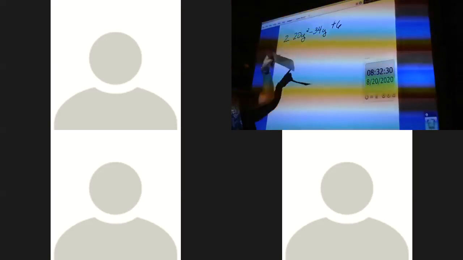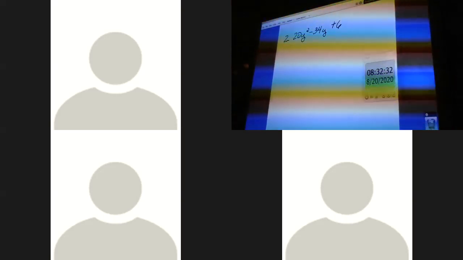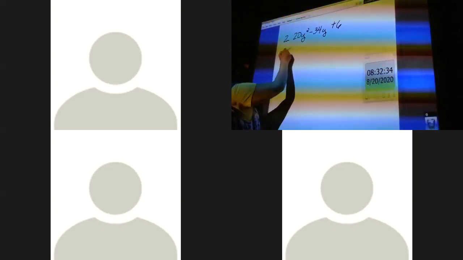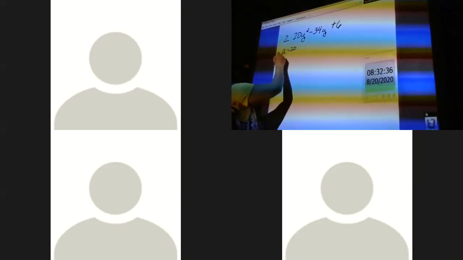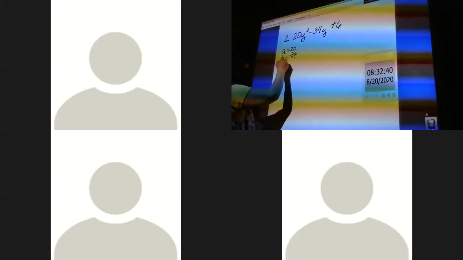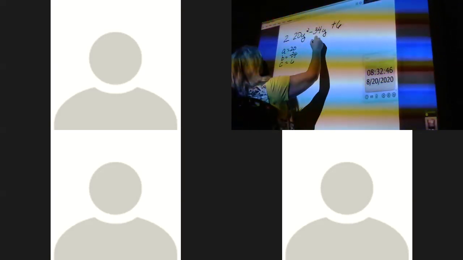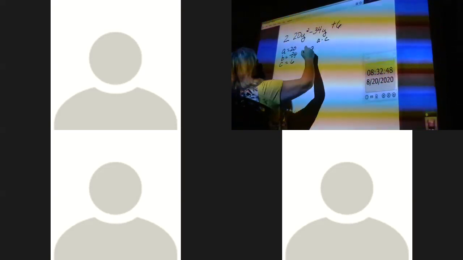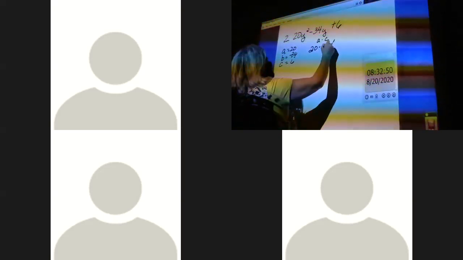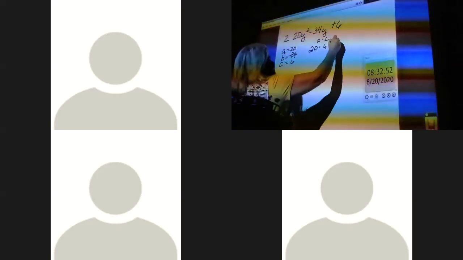Okay, so tell me, what's your first step? A is equal to 20. B is equal to -34. And C, 6. What was your first step after you did that? Multiply 20 and 6. So we're gonna multiply A times C, which is 20 times 6, and you get what? 120.